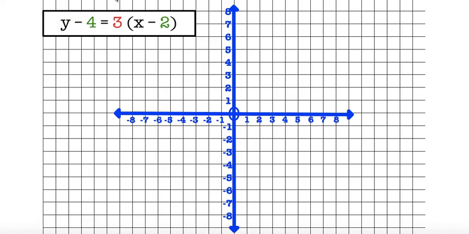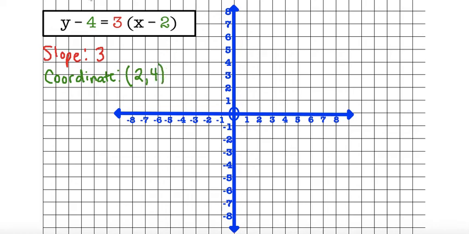And so now here I have an equation in point slope form, and what I need to do is graph it. So I know that my slope is 3, and I know that my coordinate in this case, so x minus 2, so it's going to be 2, 4.